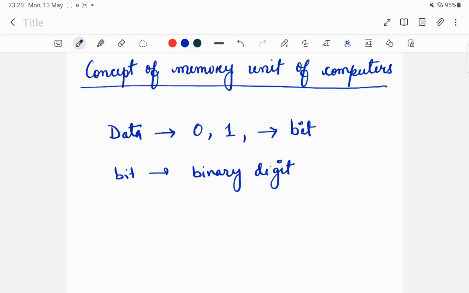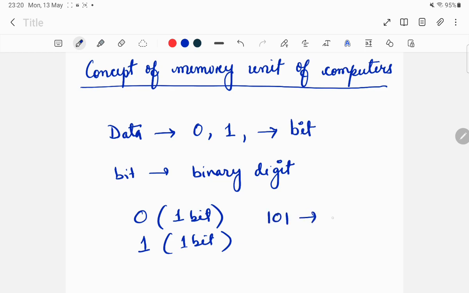Remember, it cannot be both. It is either 0 or 1. Whenever you are feeding something to the computer, if it is 0, that means you are occupying 1 bit. If you are giving 1, you are occupying another bit. If you are giving, say, 101, you are actually occupying 3 bits.